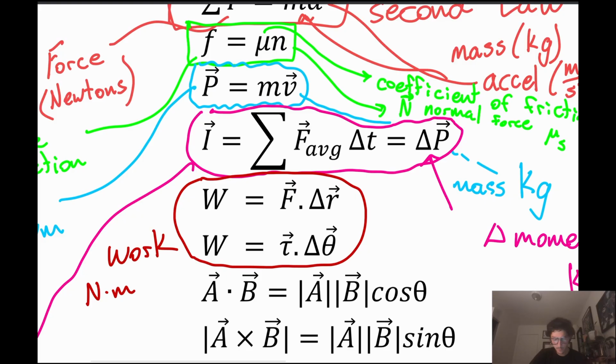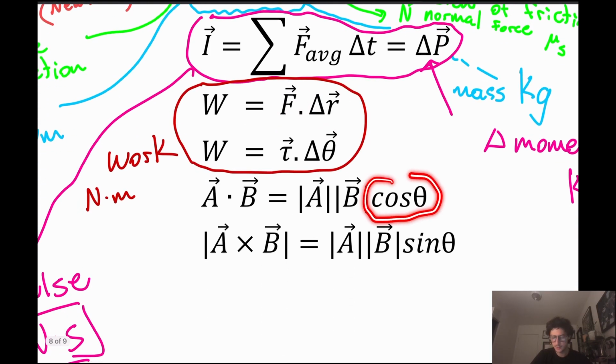But this is very simply telling you, if you want to find the work done over some distance with some force applied to it, all you have to do is take the dot product of the force vector and the displacement vector, and the dot product has this little cosine theta in it.